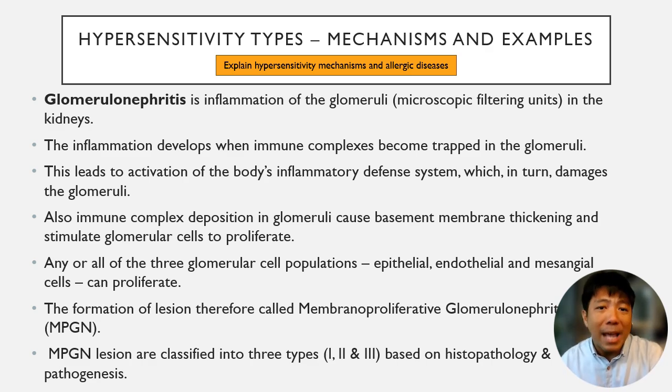This not only damages the glomeruli, but also thickens the basement membrane and stimulates cell proliferation. This condition can lead to chronic kidney disease if left untreated. Understanding such hypersensitivity reactions is crucial in diagnosing and managing this disease.